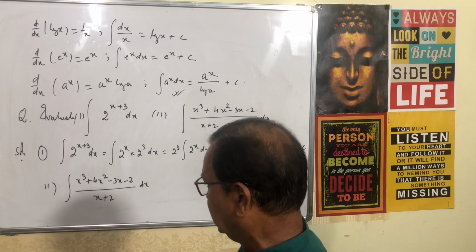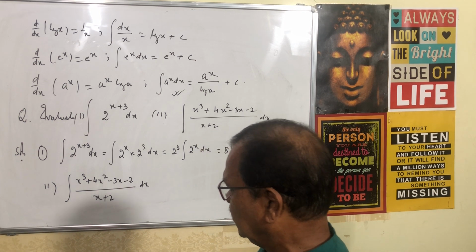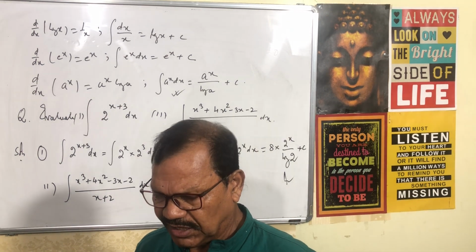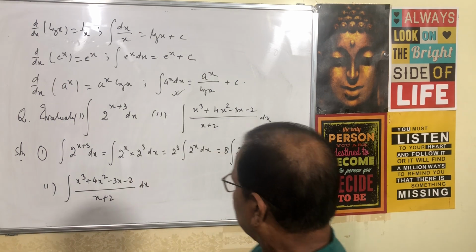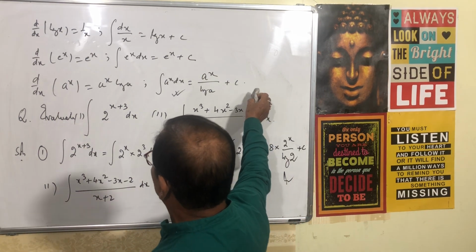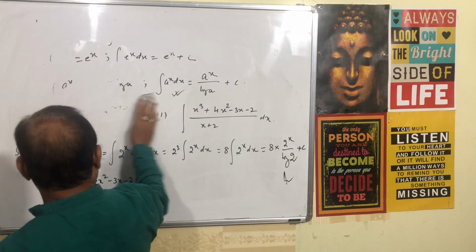After that, we shall see the result, because the degree of numerator is greater than degree of denominator. So, division is possible. Let us divide. I am explaining the fact in a very simple and common way.